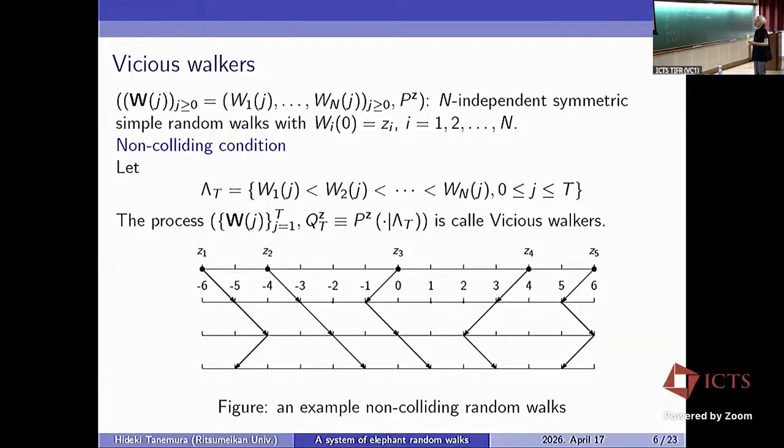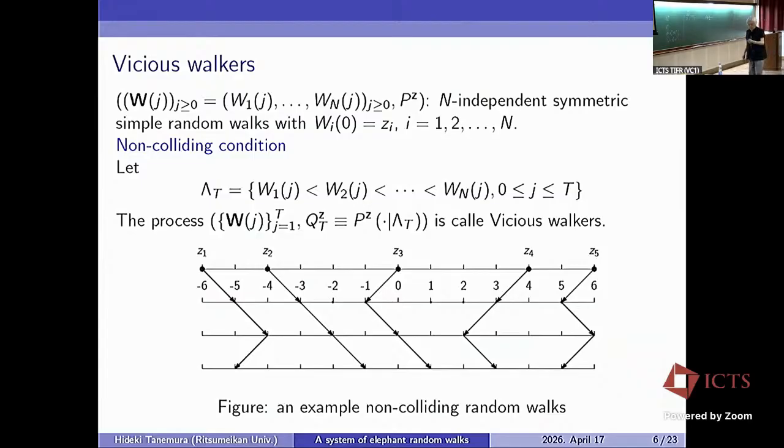And this is the non-collision condition: the set where no particles collide. Consider the conditional distribution of the process under this non-collision set. It's very simple. Just consider the process moving without colliding.